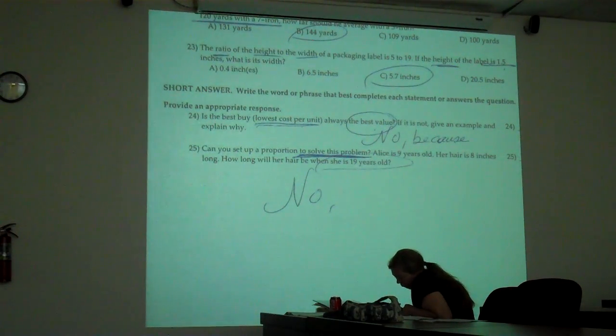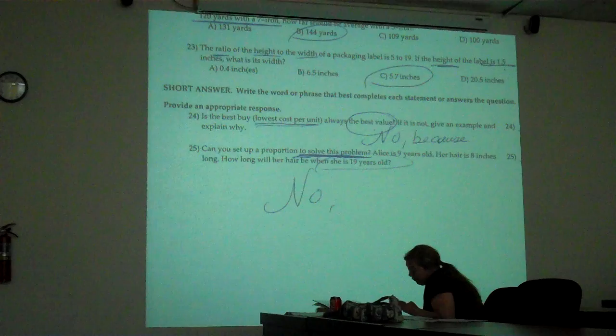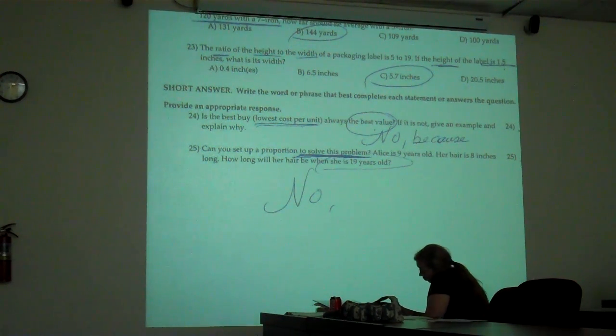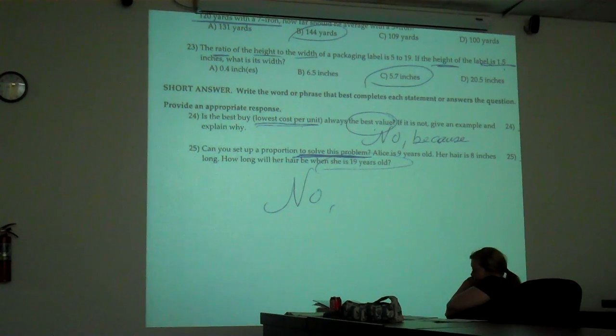Is it definitely going to solve it, if she never cuts it? No. You don't know, because she may eat something that helps her hair grow faster. Or if she gets sick, it may stop growing. She may get cancer and be on chemo and have to start all over. We don't know what's going to happen with her hair. Also, if you don't trim it, your hair will develop split ends and it'll quit growing.